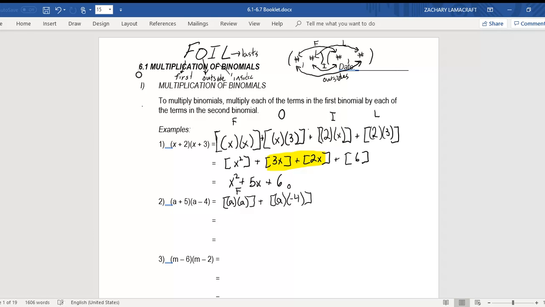I have that little O. My insides would be 5 and A. And then my lasts would be 5 times -4. Okay?